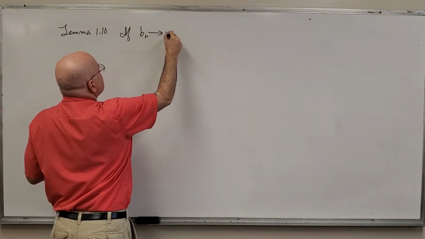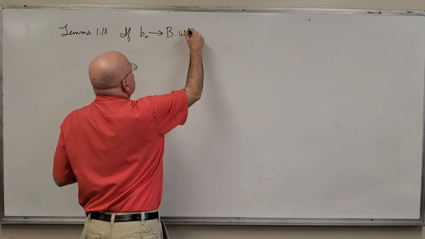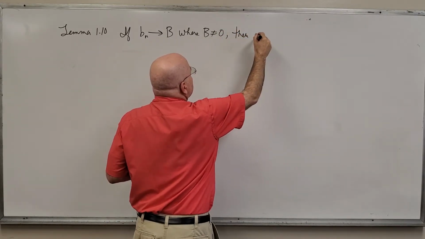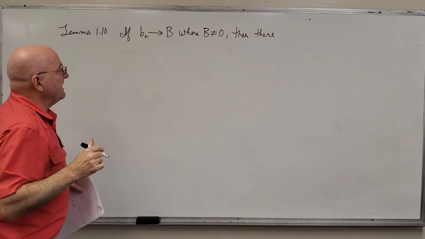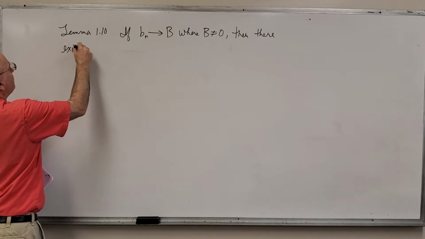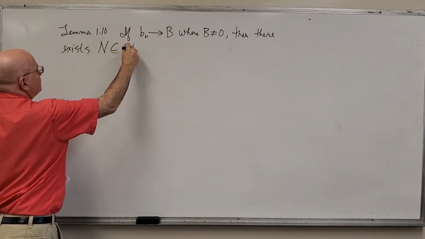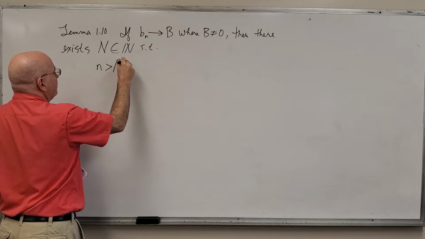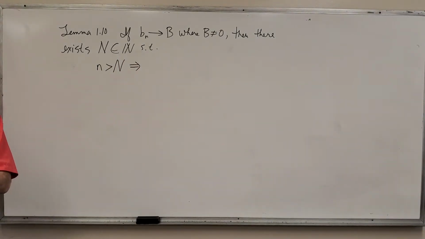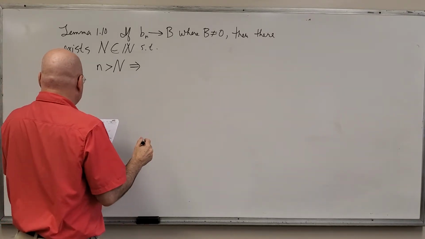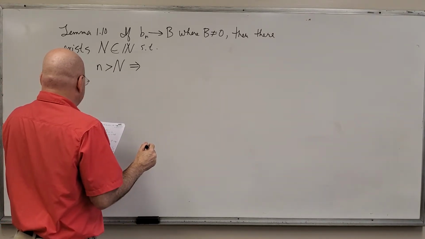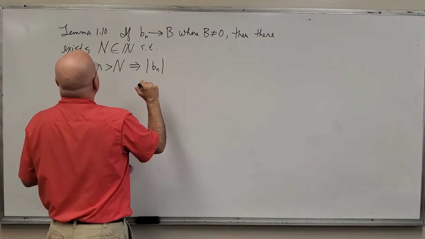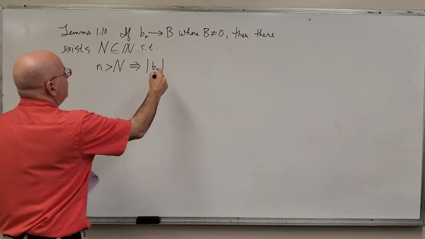But if bn converges to the real number b, and I have to specify where b is not equal to 0, then there exists a natural number capital N such that if little n is greater than that capital N, all of the elements of the sequence are greater than or equal to a number that I didn't yet define.